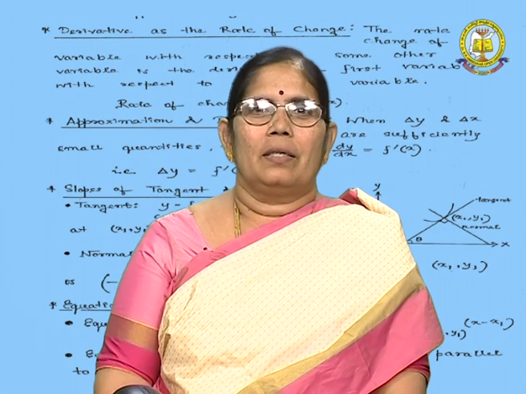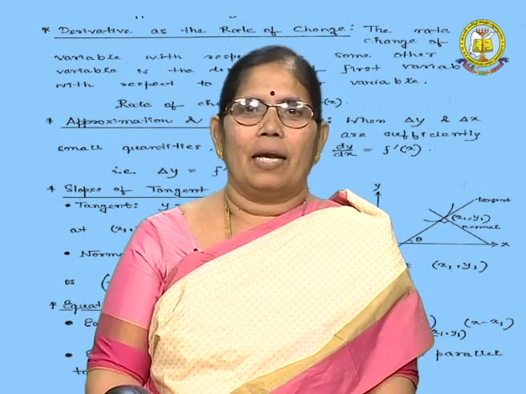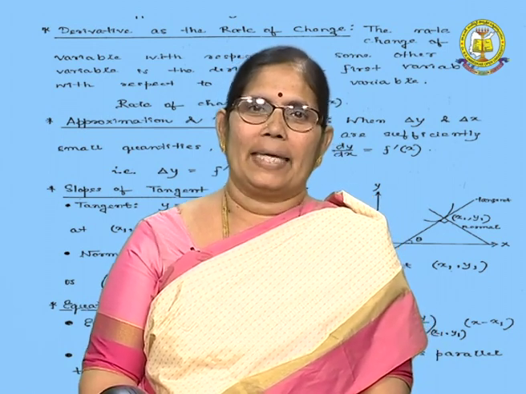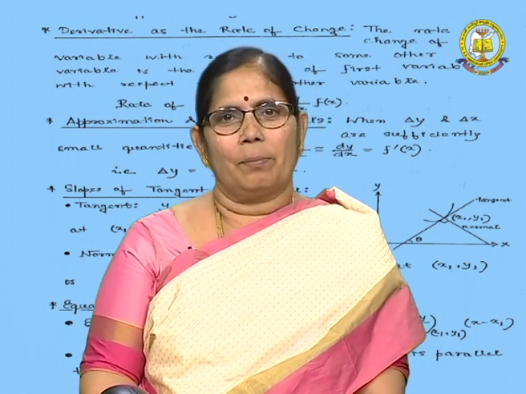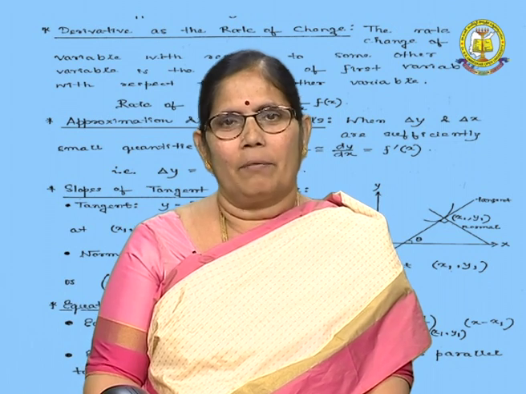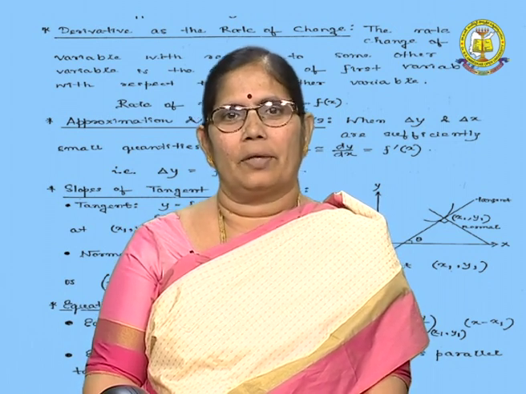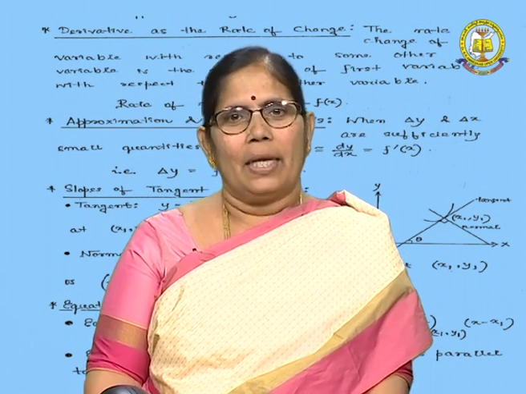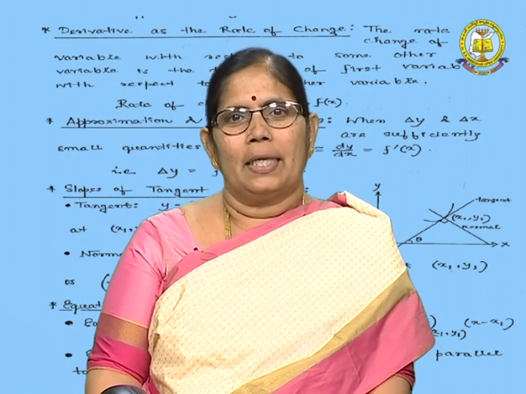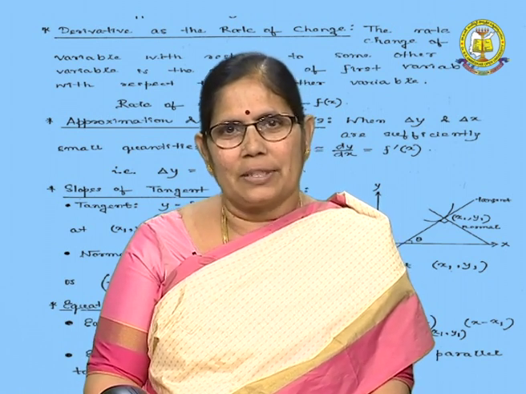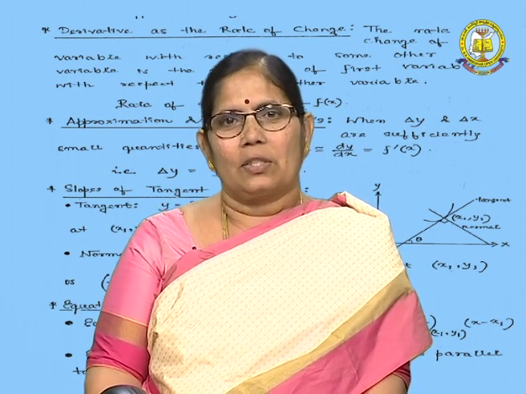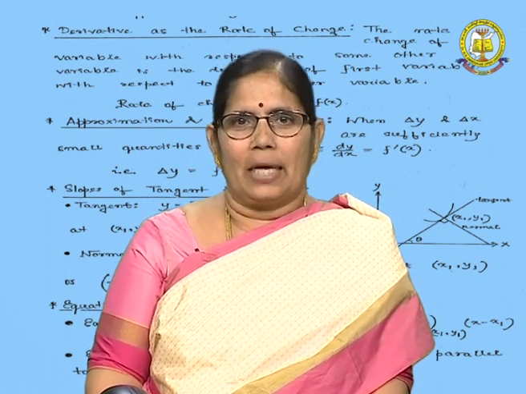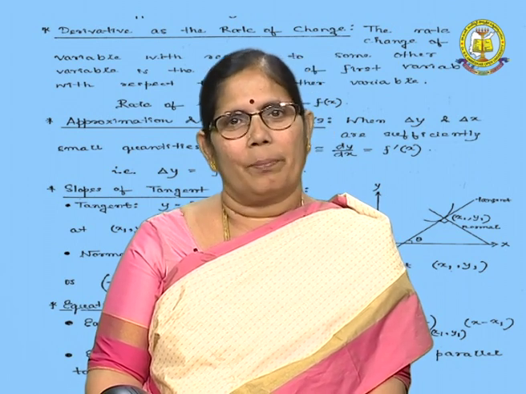Dear students, in this lesson we have learned about maximum and minimum points, and how to find maxima and minima for a given function y = f(x). To sum up, first we find dy/dx, the first derivative. If dy/dx = 0, solve this equation to get the values of x like a, b, c.